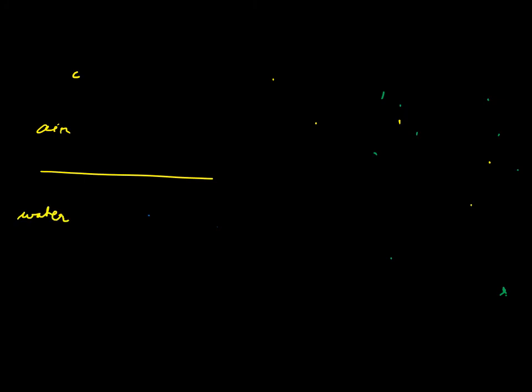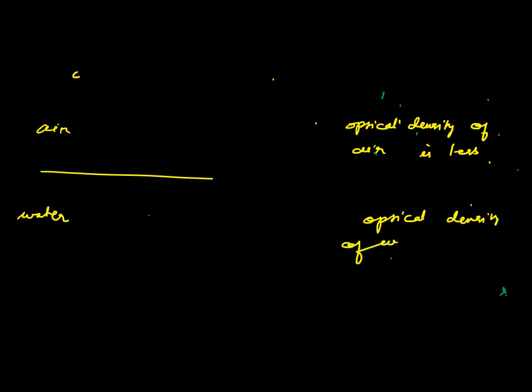Here, the optical density of air is less, and the optical density of water is more, based on which we can say that the speed of light in air is more and the speed of light in water is less.